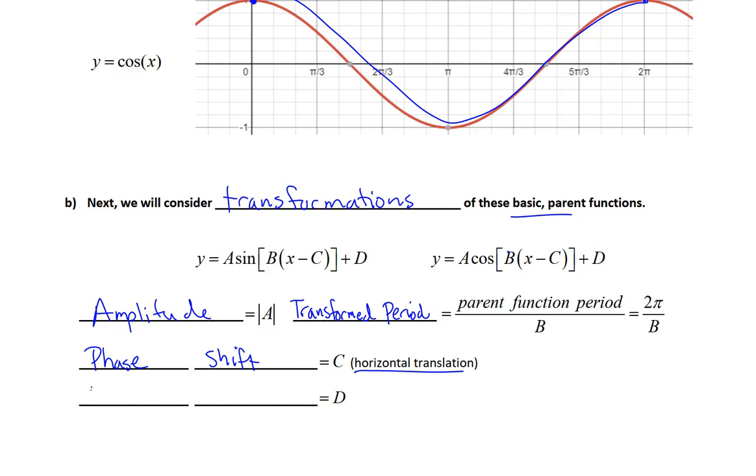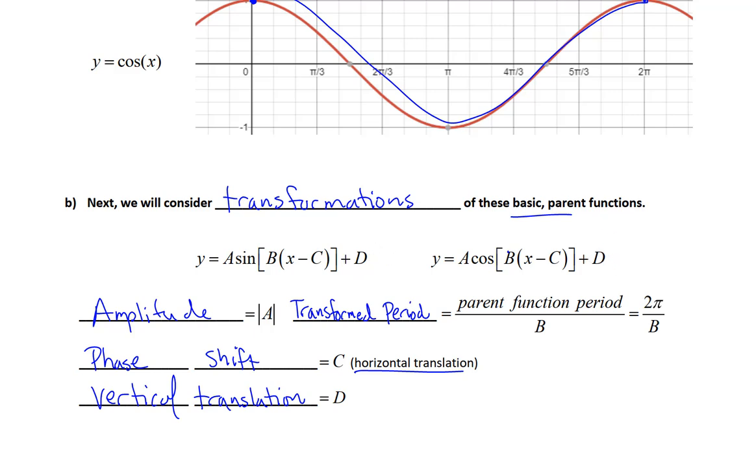And then we have what's called a vertical translation. So perhaps you could say shift and translation are interchangeable as words to describe what's going on here, but you may see it written this way, vertical translation. That's what the letter D does. And you'll notice that just kind of hanging out on its own with each transformation formula.